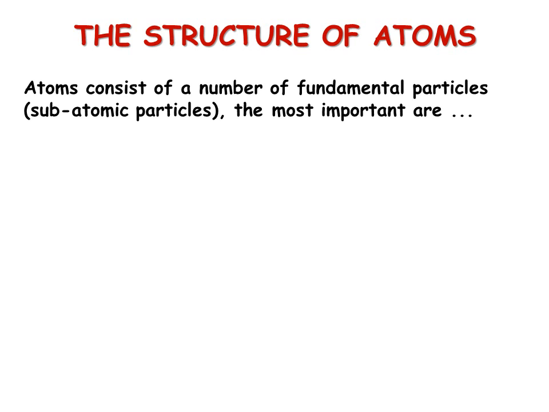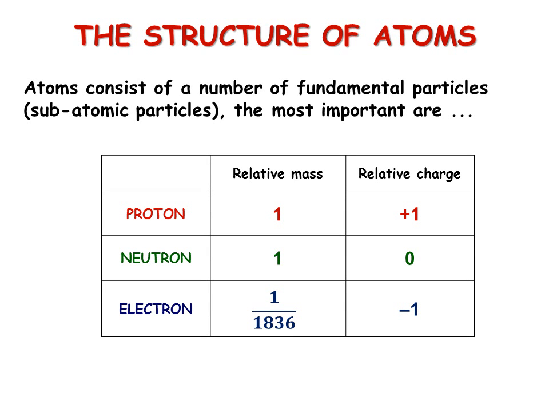Right. Let's learn more about the structure of atoms. Atoms consist of a number of fundamental particles. They are called subatomic particles. The most important are, what did we see in the previous slide, children? Yes, there are protons and neutrons in the nucleus, and electrons orbiting in their own shells.